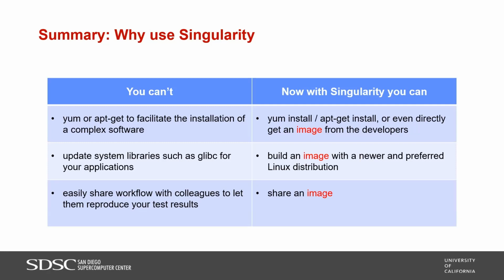You are even free to choose which Linux distribution you want. And before, you could not share a workflow with colleagues to let them reproduce your test results. Now you can just share your image with your colleagues and ask them to run it on the cluster, and it's very likely that they are able to run it and get the same result as your test.